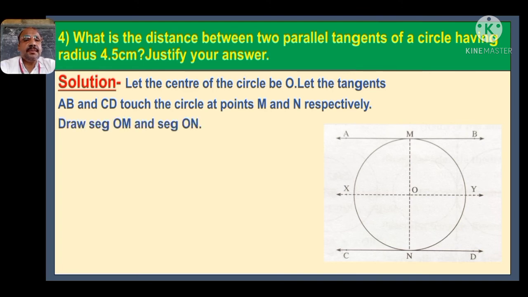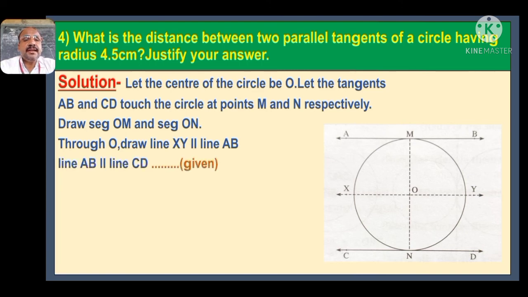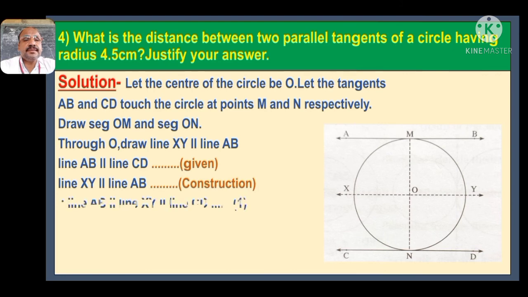Draw segment OM and segment ON. Then through O, draw line XY parallel to line AB. Line AB is parallel to line CD, which is given. Line XY is parallel to line AB according to construction. Therefore, line AB is parallel to line XY, which is parallel to line CD.